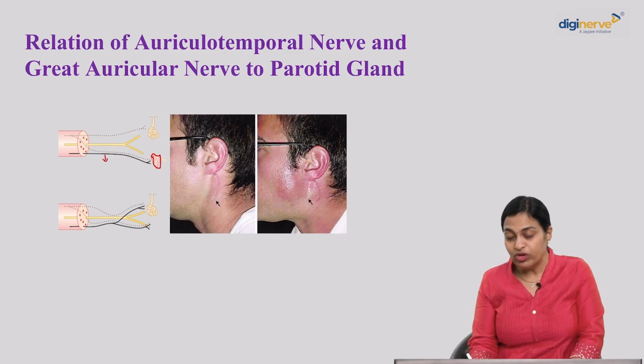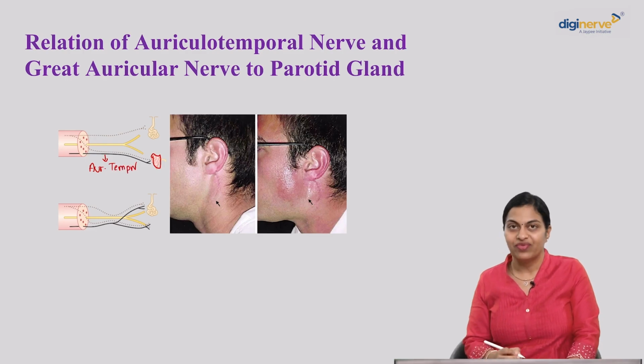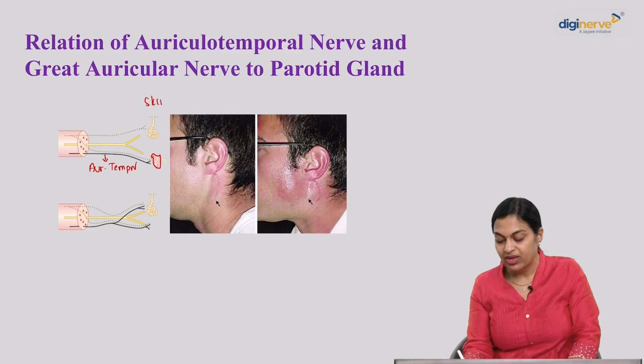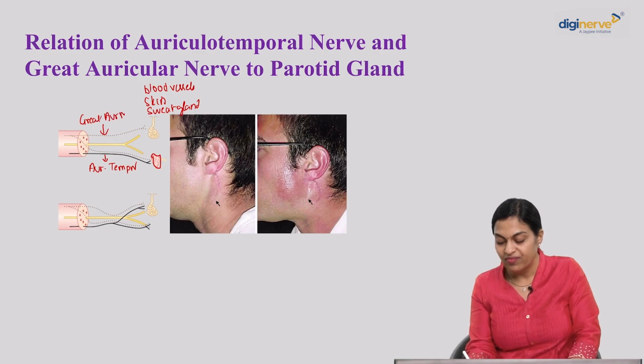The secretomotor fibers to the parotid gland are brought through the auriculotemporal nerve. Whereas the skin over the parotid gland, the sweat glands, and the blood vessels in the skin over the parotid gland are all innervated by the great auricular nerve.